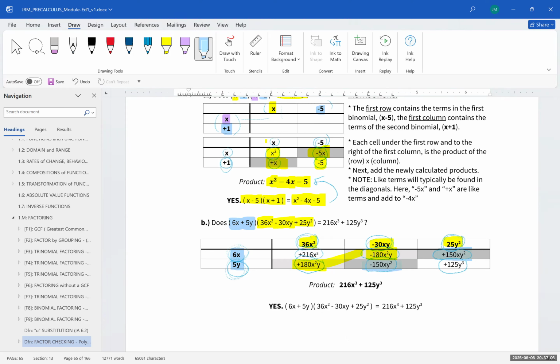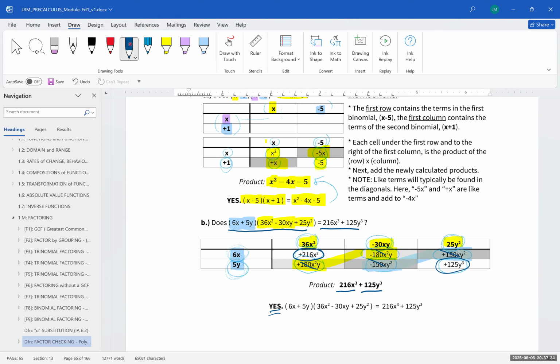Positive 150 and a negative 150, those are going to cancel out too. So these will cancel, and that leaves us with 216x cubed plus 125y cubed. So does the product of these two expressions equal this sum of cubes? Yes, it does.